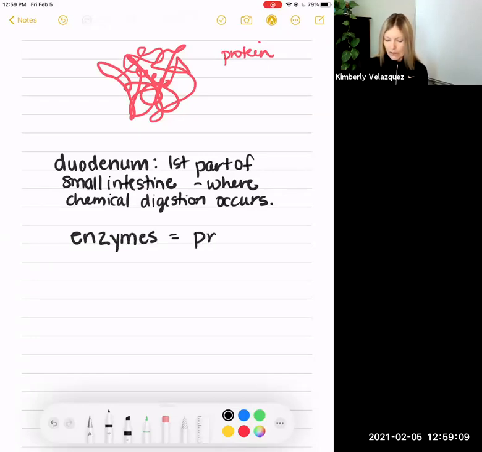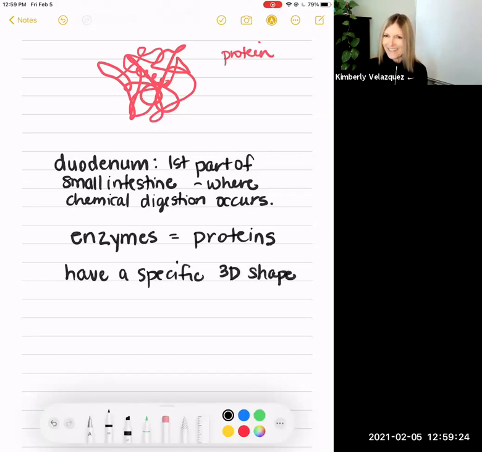Enzymes are a category of proteins. So that means those enzymes have a specific three-dimensional shape. And that means that those enzymes only function at a certain pH, a certain temperature, a certain salinity.